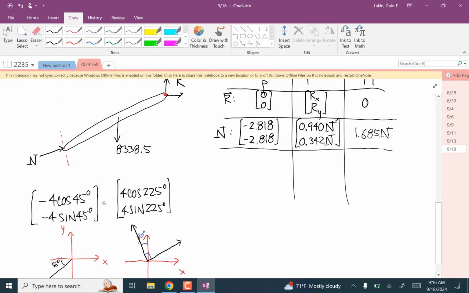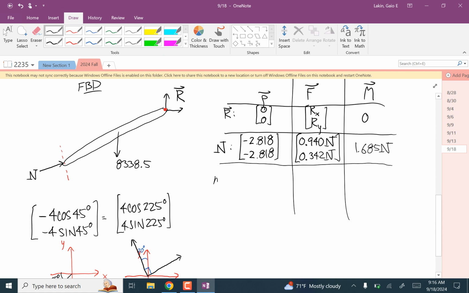So minus 1.409. Yeah, let's see. So minus 1.414. Oh, this should have been 2.8. Oh no, that's going to change my cross product. 828. Oh, that's easy for me to switch though.